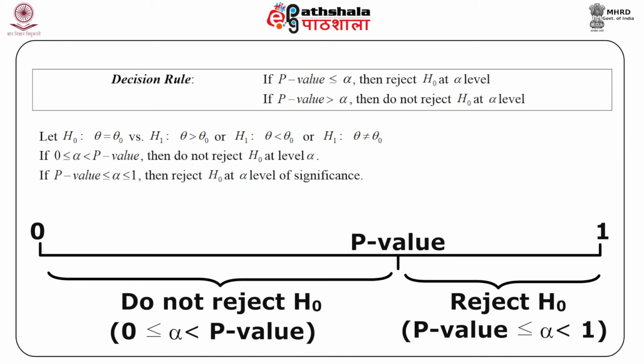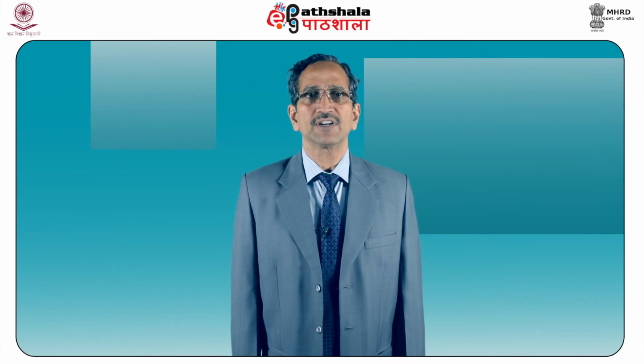If alpha is between p-value and 1, then reject null hypothesis H0 at alpha level of significance. So you can see we have written this range between 0 and 1, and we have the p-value. If we are between p and 1, we reject the null hypothesis. If we are between 0 and p-value, we do not reject the null hypothesis. So figure 5 is our decision rule in the p-value approach to hypothesis testing.